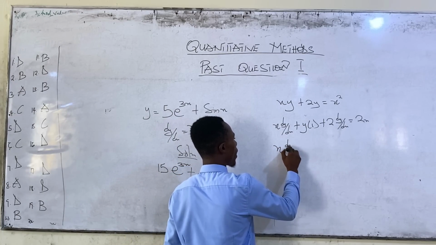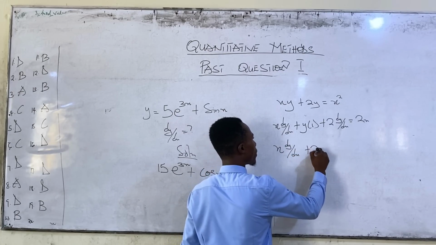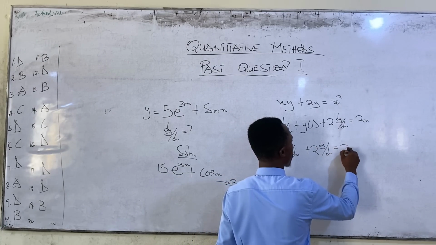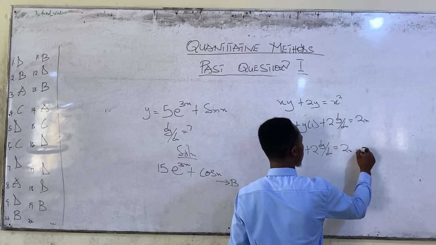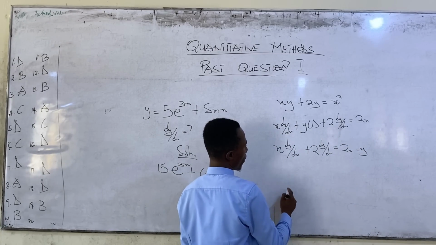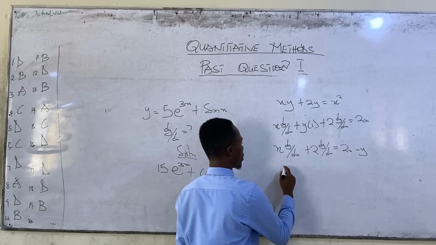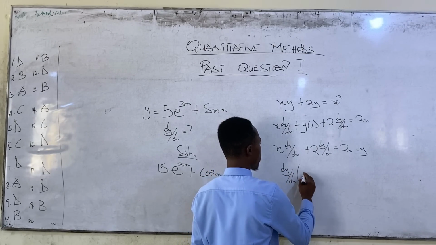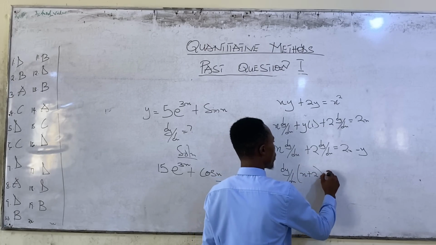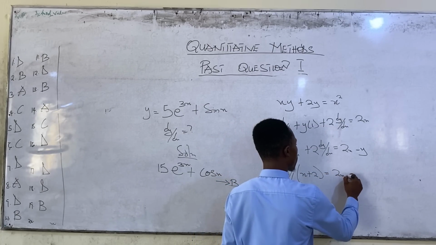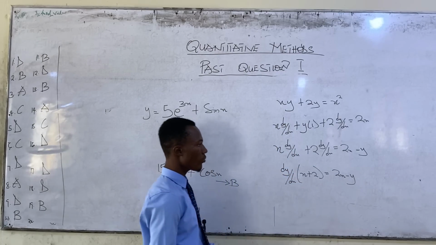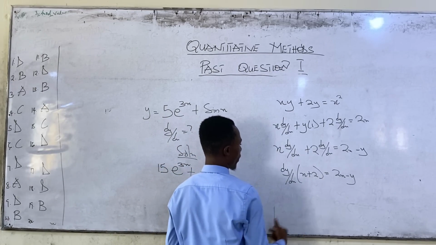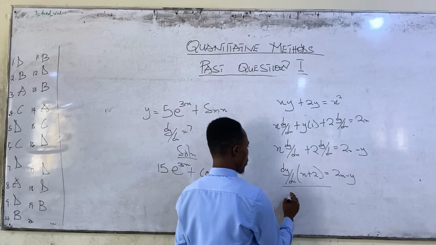So x dy/dx plus 2 dy/dx is equal to 2x minus y. There is a common factor, which is dy/dx, so we say dy/dx into brackets x plus 2 equal to 2x minus y. So you just have to divide both sides by the coefficient of dy/dx.